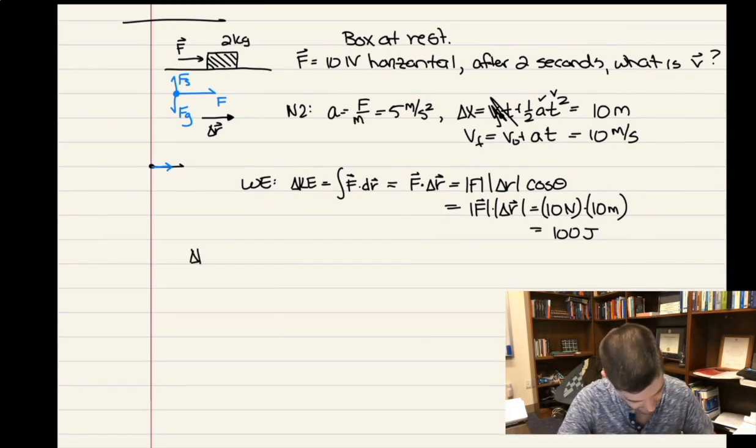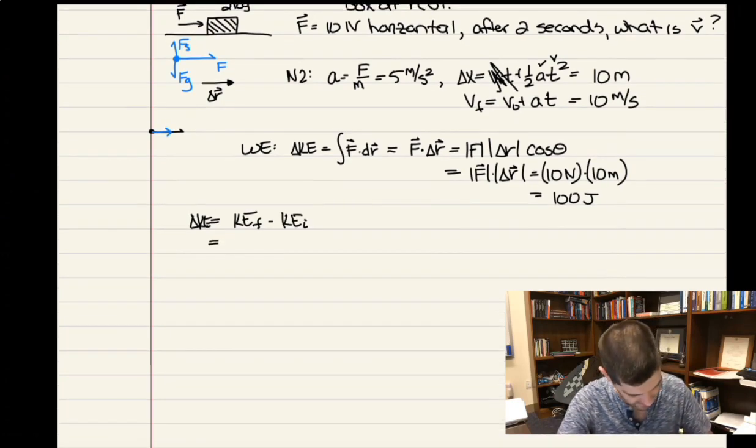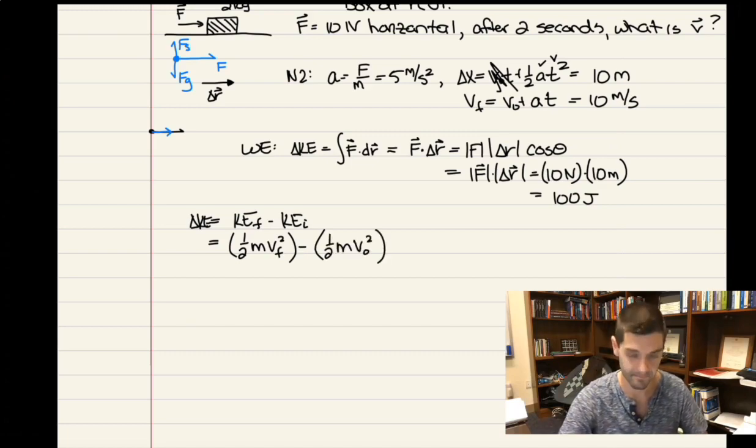So delta K, or delta KE, is KE final minus KE initial. That's just the definition of the deltas that we've seen before. So the final kinetic energy involves the final velocity. Then the initial kinetic energy involved the initial velocity, and that must equal 100 joules.